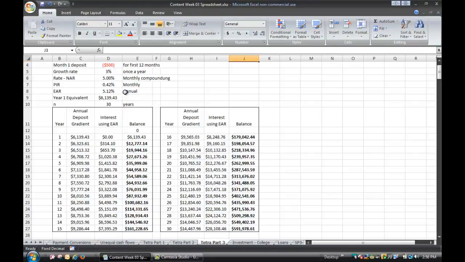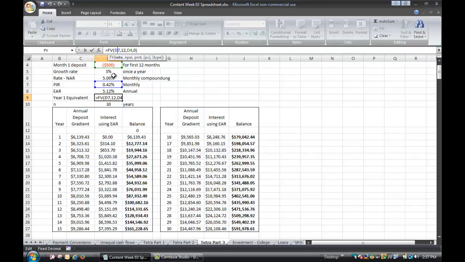We do that with the future value function. So we take the 12 payments of $500, they're in D4 here. We're going to do 12 of them, and the rate has to be the monthly PIR. So we have to get the monthly PIR to do this.